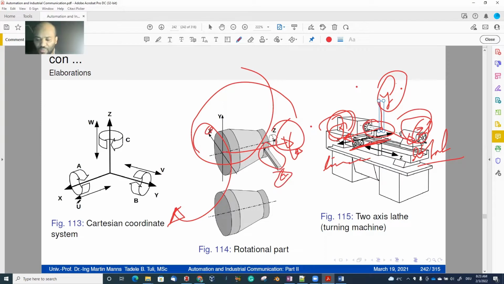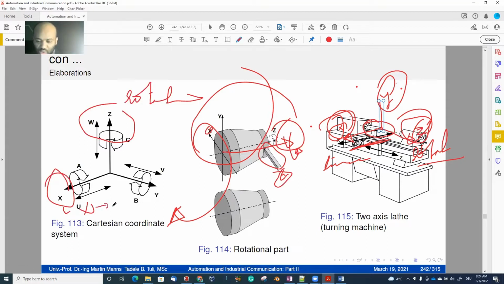So because of that, we follow the z-axis along the axis of rotation. And we use the x-axis along the axis of linear movement, or, if you don't have a linear movement, along the longer axis.